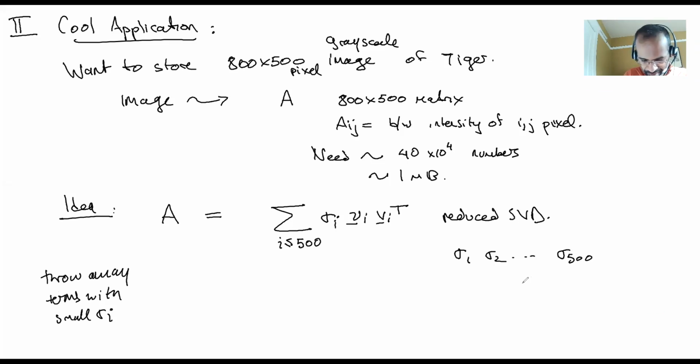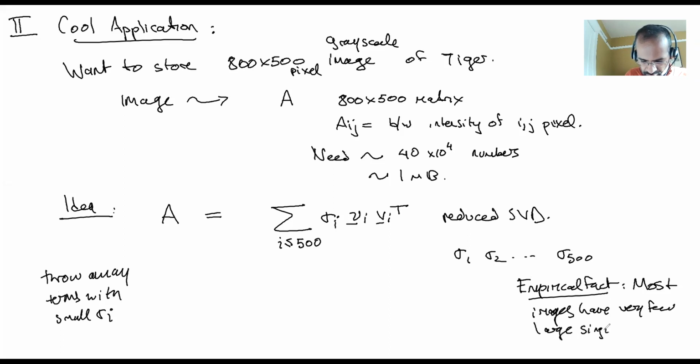Okay, so the observation, which is really true for real life images, is a sort of empirical observation. Empirical fact: most images have very few large singular values. We haven't defined large, but basically they're dominated by a few.